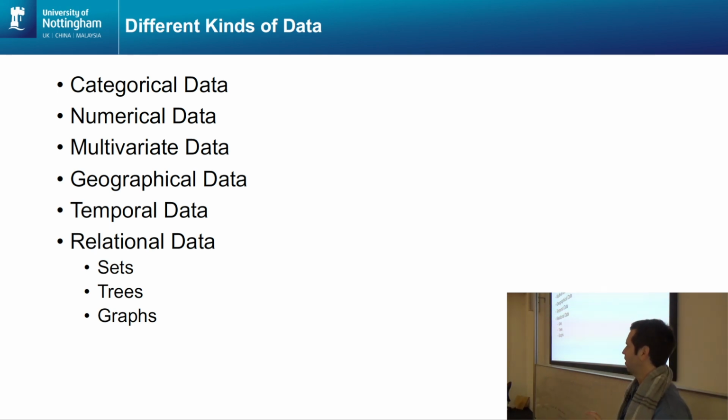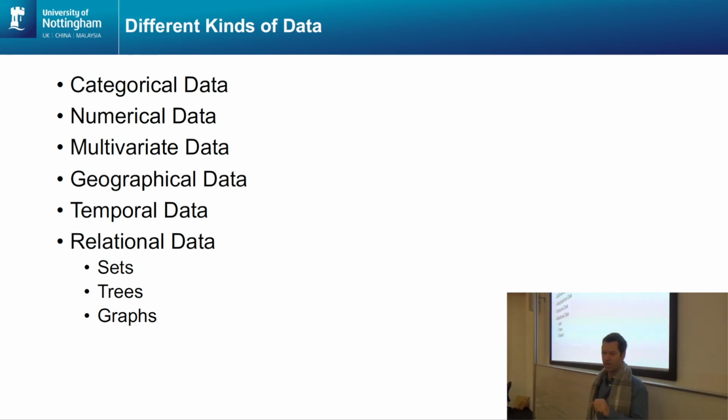So for example, if I'm doing an experiment, I might measure heart rate and blood pressure at the same time, or heart rate, blood pressure, and body temperature at the same time. That's multivariate data. Geographical data is data that has a position in space on a map.